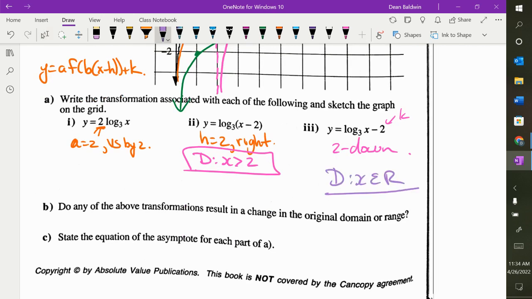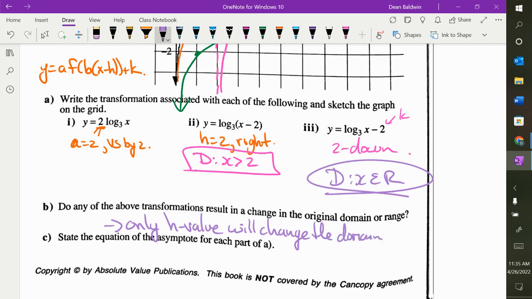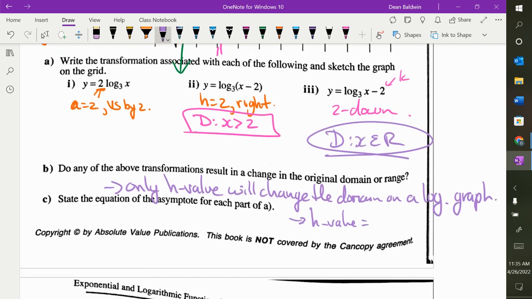So the domain is still x is greater than 0. The h value equals the VA, the vertical asymptote. Sorry, I don't know why I said all real numbers. The domain is still x is greater than 0.